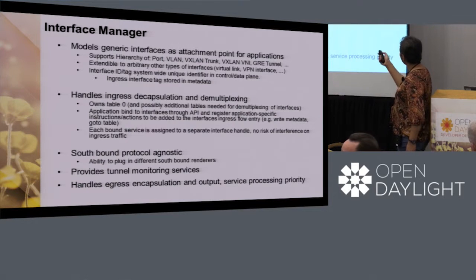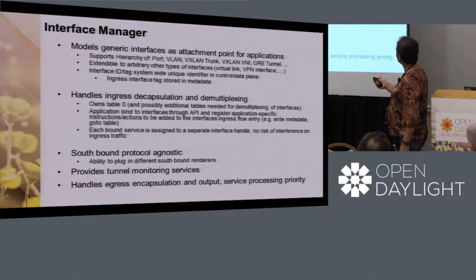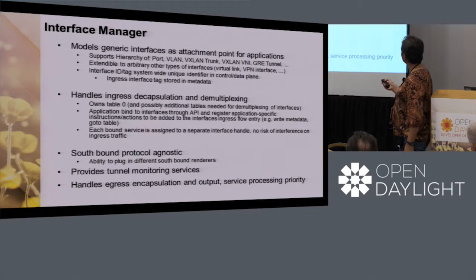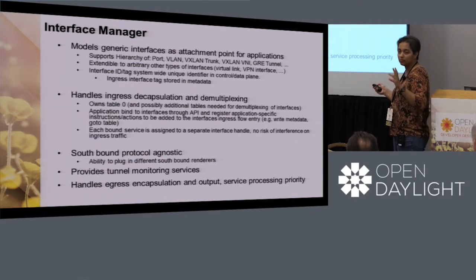I already talked about some of this. It supports a hierarchy of ports. You can have different hierarchies of abstractions available on the same port, depending on what the application needs. It's extensible to different types of interfaces based on future needs. The model itself is quite extensible.